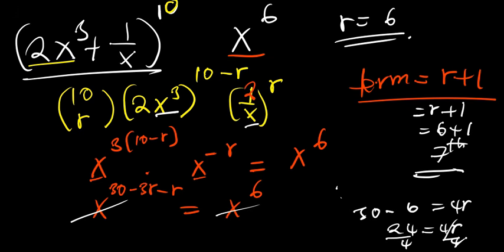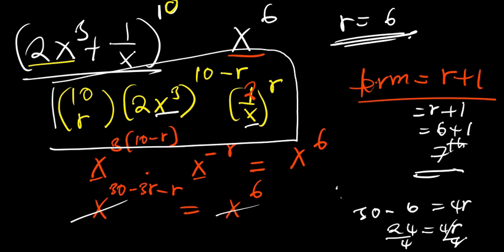When they ask you to find the coefficient of the term involving x to the power 6, when you find the value of r, you come back here, plug in the value of r, and simplify your answer. But here the question is direct. Find the term involving x to the power 6. So there's no need of us finding the coefficient. Does that make sense?